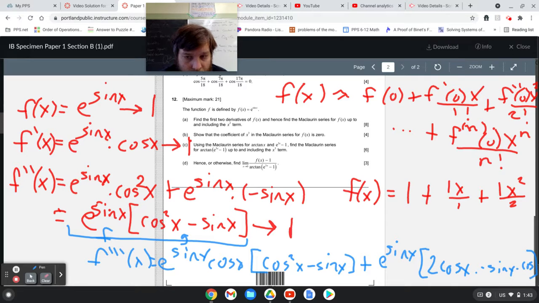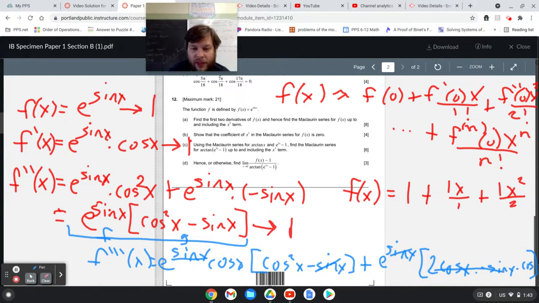And so if we plug in 0, a lot of things should disappear here. I'll cross out the pieces that equal 0. Sine of 0 equals 0, sine of 0, sine of 0. This one becomes all 0 there.